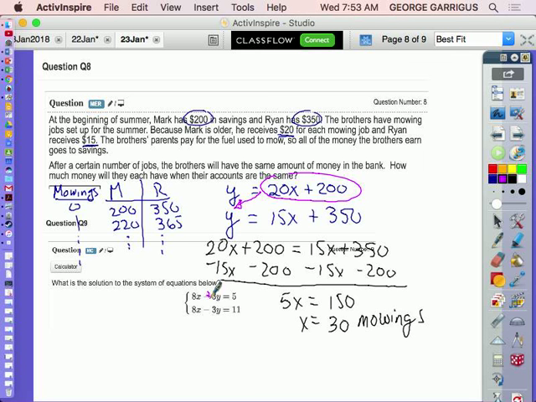And the question is, does this have one solution, infinite solutions, or no solutions? There are two answers that say one solution, one that says no solutions, and infinite solutions is another possibility.